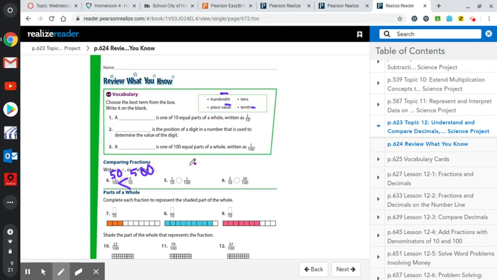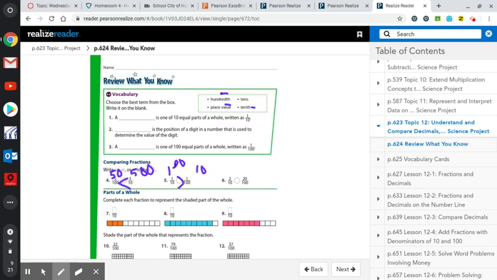So number 5, same thing. What's bigger, 1/10 or 1/100th? Crisscross and multiply. 1 times 100, you would write 100. Uh-oh, my 100's a little weird, sorry. And then 10 times 1, you're going to write 10, right? So then you're going to compare 100 to 10. So 100 is definitely bigger.